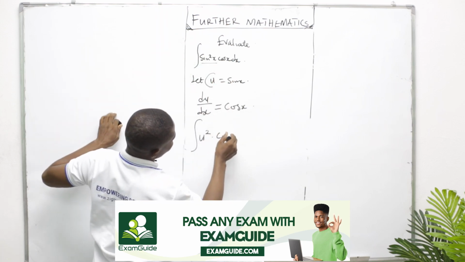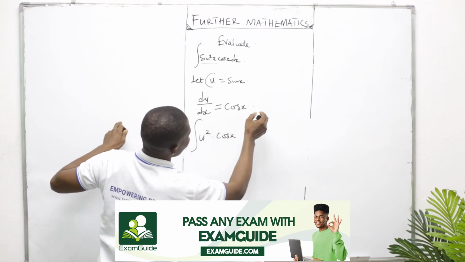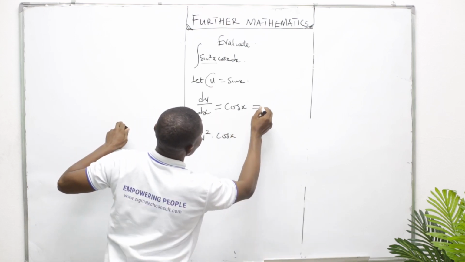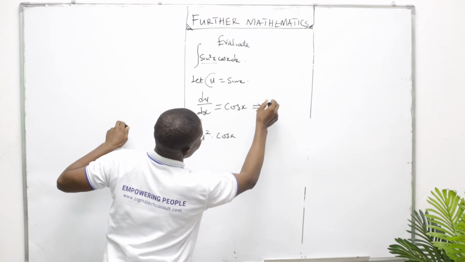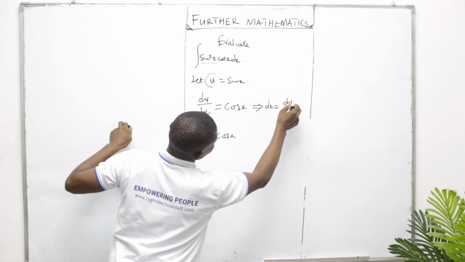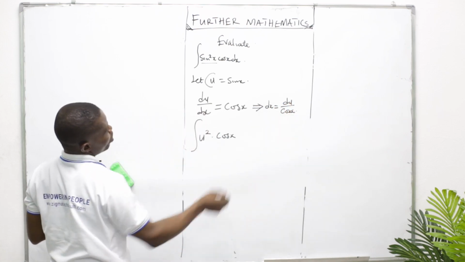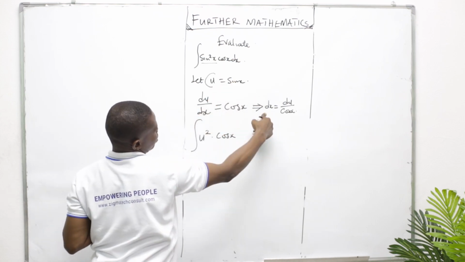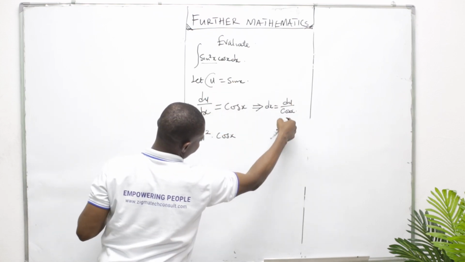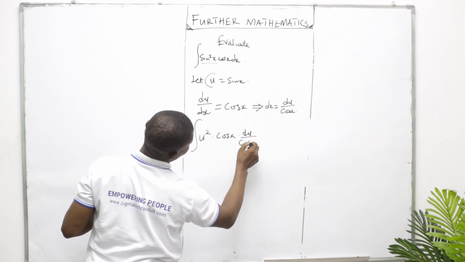Dot who? Cos s. So from here now, this implies that ds equals who? du all over cos s. So what is ds here now? ds equals du all over cos s dot du all over cos s.